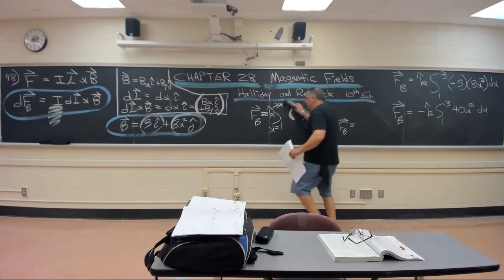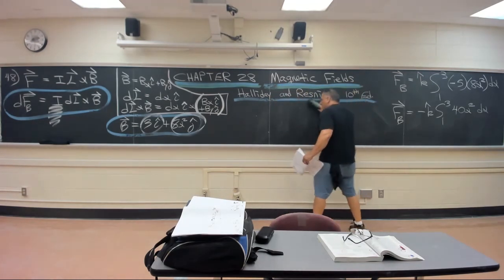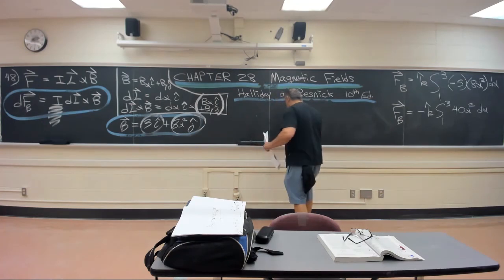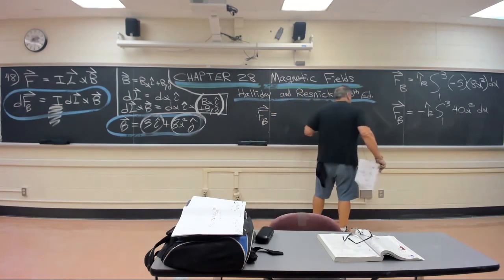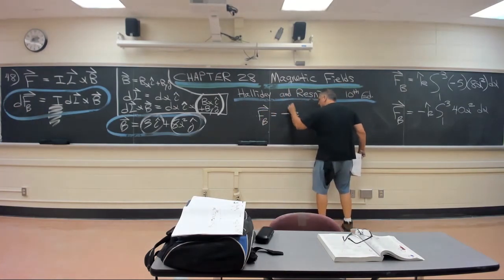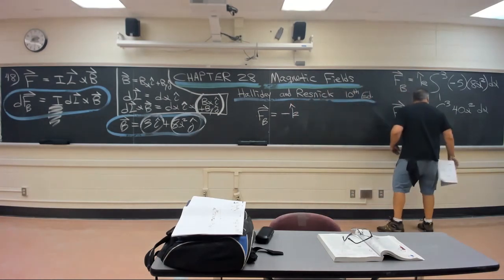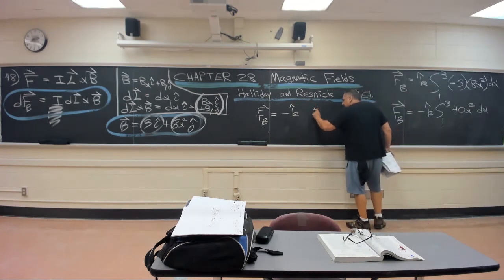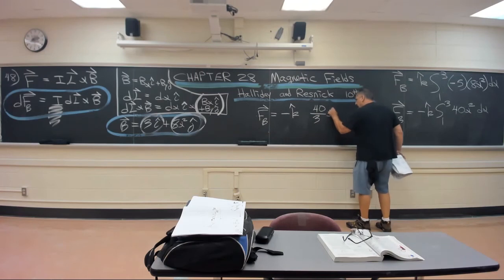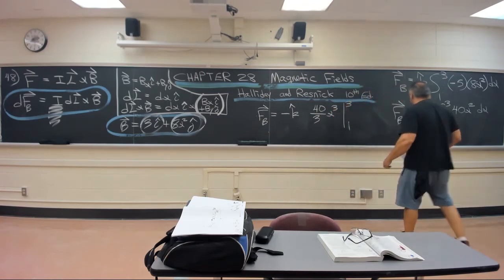Luckily, you have the feature. Negative k vector here, do the integral 40x squared dx is 40 over 3 x to the third evaluated between 1 and 3.